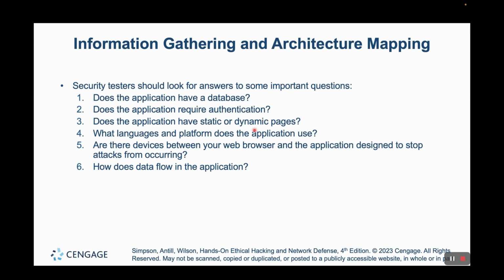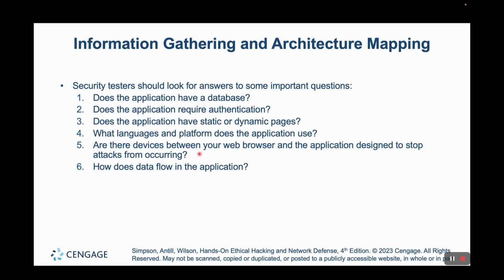And also, the language and the platform the application uses also has a major impact on the security. Like if the application uses older or less secure languages or platform, it may be vulnerable to attack.